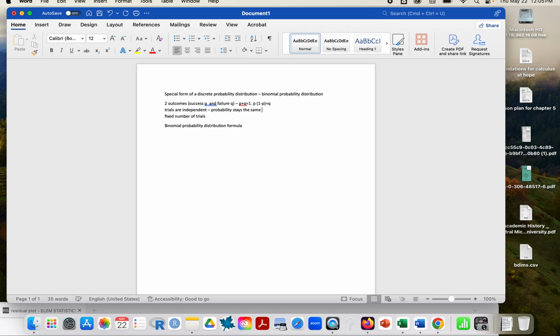So something that can be a binomial probability distribution experiment would be rolling a die. The reason is that every time you roll, the probability of getting a 6 is always equal to 1/6. Probability of a 5 is always equal to 1/6, and so forth. Depending on wording, if I said the probability of a king, well, that's not going to work because the first time you draw a king, it's 4 out of 52.